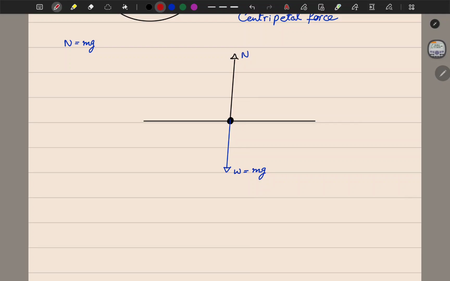Now, if this bike is doing a turn towards the right-hand side, then it's doing a circular motion that has a center right here. So there is going to be a centripetal force in this direction.